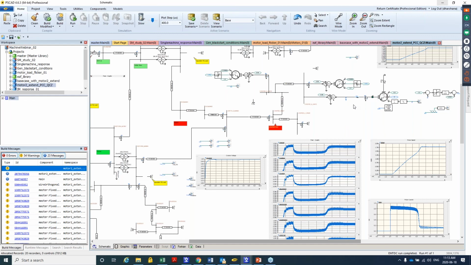So in this particular example, we had to very accurately model the motor, right? We had to match the exact torque slip characteristics, because when the utility puts restrictions on the customer, they are sometimes going to go to court, right? So we had to be very diligent, do a lot of data mining, and make sure that what we are doing is accurate.